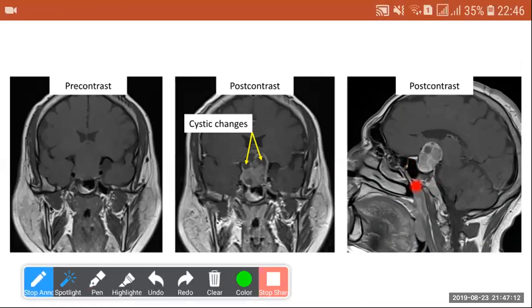We see here that the sella is expanded, so it originated primarily from the sellar lesion.